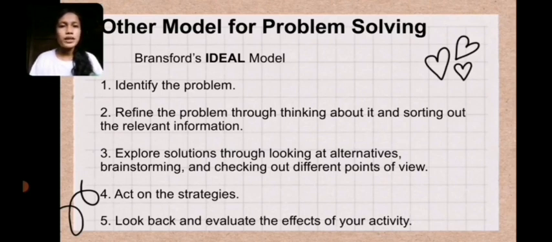So the fifth step in the Bransford's IDEAL model is look back and evaluate the effects of your activity. After we have planned everything and finished evaluating the strategies and action plans for that problem, we check if it is okay, if nothing is lacking, if there is still a need to reason about it or add information, and what effect it may have on the activities we carried out.